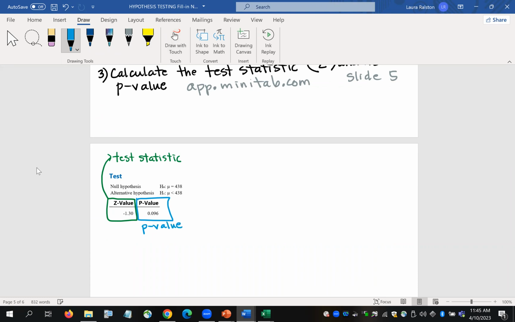So I would record that my z is negative 1.30 and my corresponding p-value is 0.096. That comes directly from Minitab.